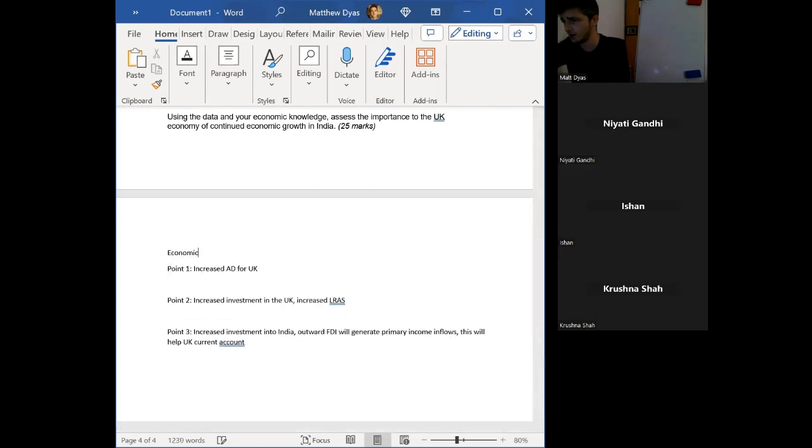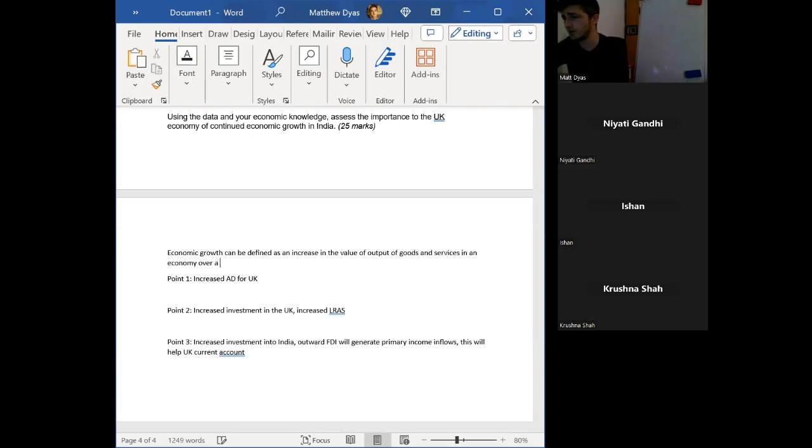Okay, so economic growth can be defined as an increase in the value of output of goods and services in an economy over a given period.